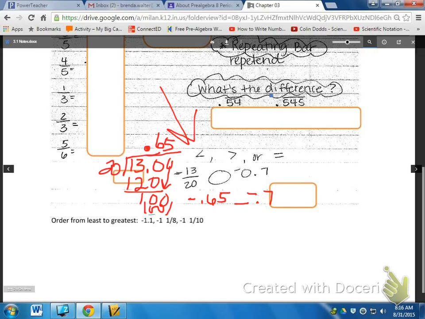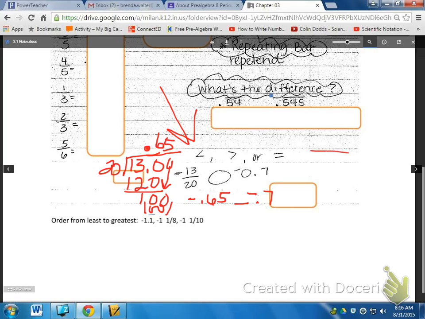Now, be careful. It's on the negative side. Remember what happens on the negative side? It goes in reverse. So what do you think? Negative 0.65. Is it less than, greater than, or equal to negative 0.7? Braxton, what do you think? It's less than. It is not. It is in reverse.